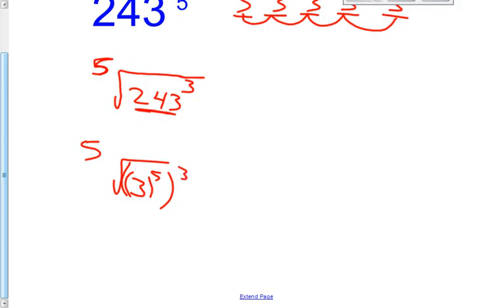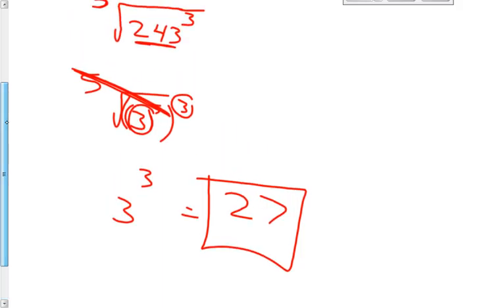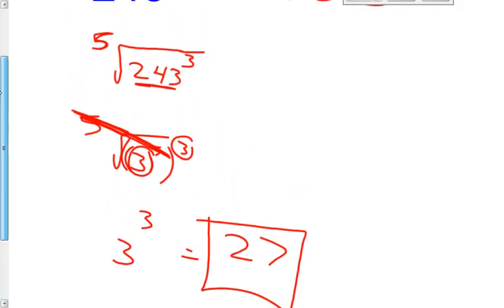So if that's the case, these 5's cancel out, and now all we get is 3 cubed. Our answer is 3 cubed, which is the same thing as 27.